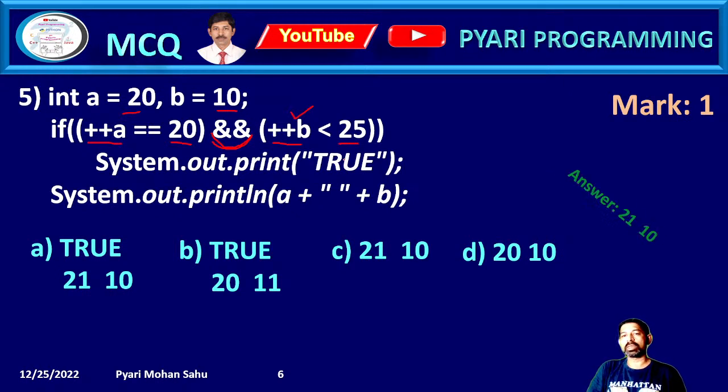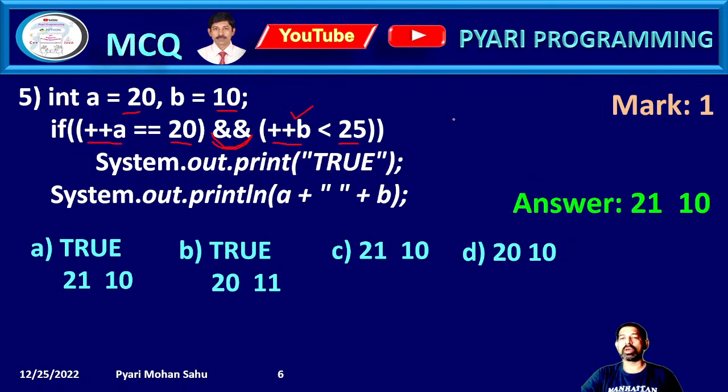Let me show you the answer, then I will explain. The answer is 21 and 10. Let me explain why. The reason is that this is pre-increment. I'm taking a variable called A, whose value is 20. I'm having a variable called B, whose value is 10. Now we'll come to ++A. This is pre-increment, so first it will increase the value from 20 to 21.